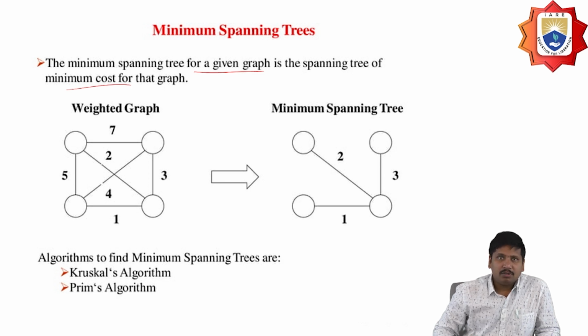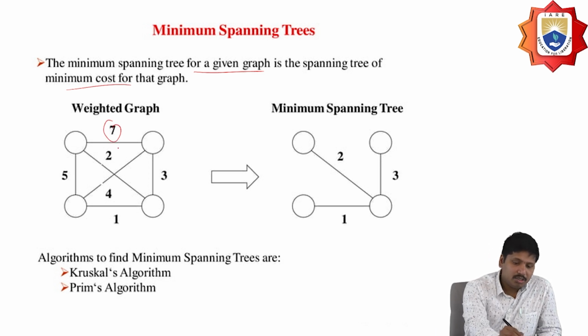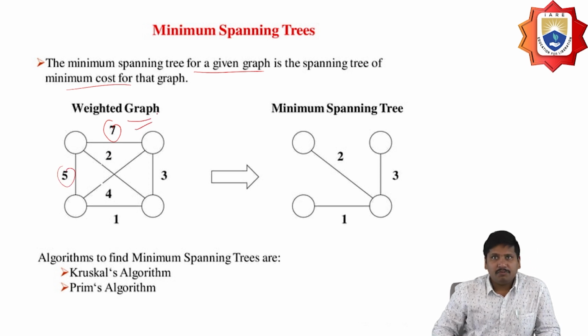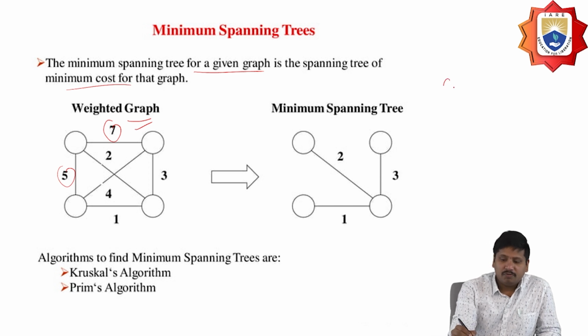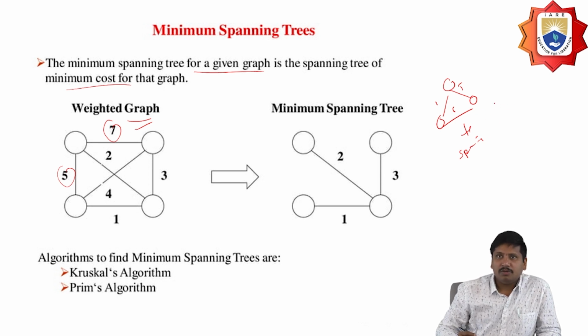A graph in which weights are assigned to the edges is called a weighted graph. So from the graph we are going to construct the spanning trees, but if the weights are assigned, the sum of the weights of all edges of the spanning tree should be minimum.